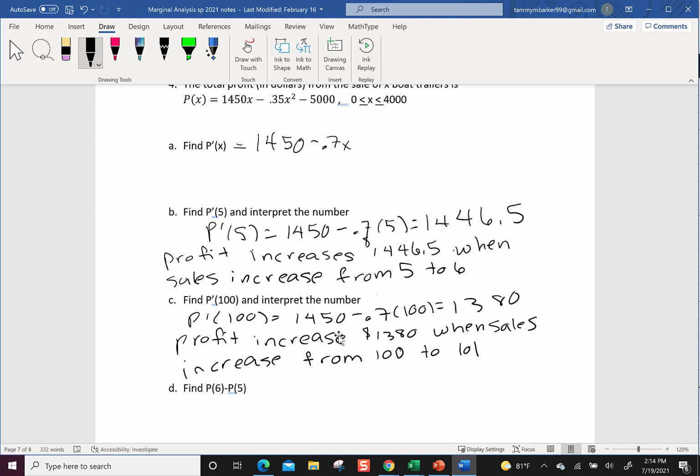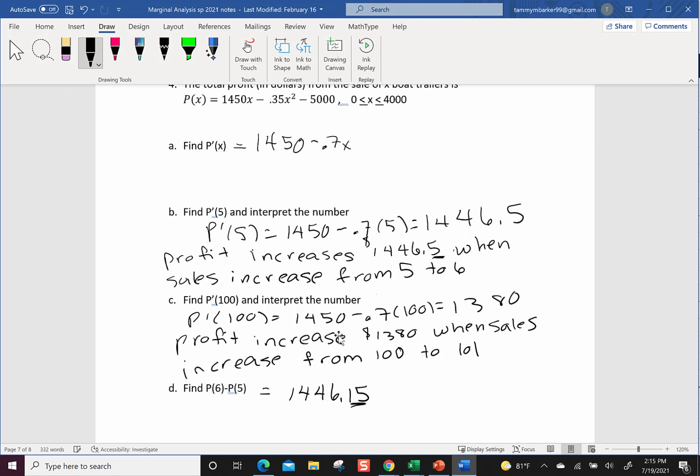So we're going to put in 1,450x minus 0.35x squared minus 5,000, and we're going to do P of 6 and P of 5. So I put that in and I got 1,446.15. So you notice it's only cents off.